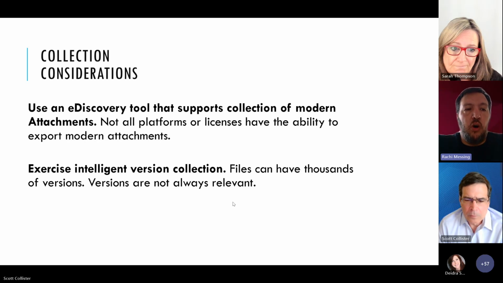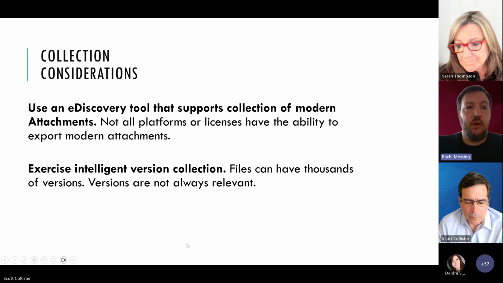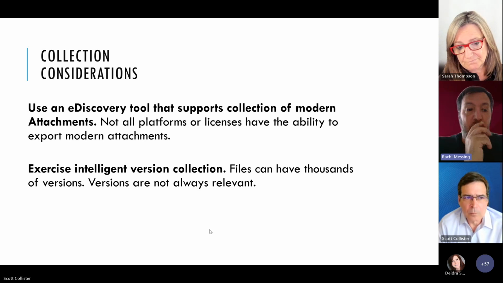Some of them will automatically track back to the top level attachment. So, if I've got a Word document that was attached to an email, then it may actually go out and collect that Word document wherever it exists, and maybe it'll attach versions, and maybe it will not. But then what if I have a reference to an Excel file inside that Word document?